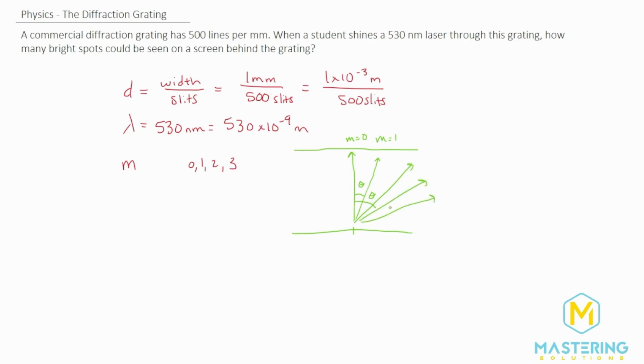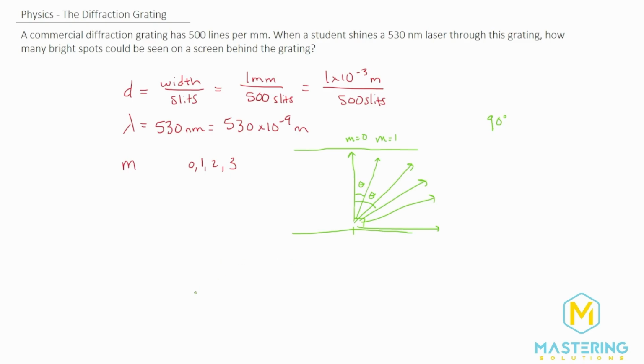But we have a hard wall right here. We can't go more than 90 degrees, that doesn't make any sense. So the maximum that we can go is 90 degrees for theta.